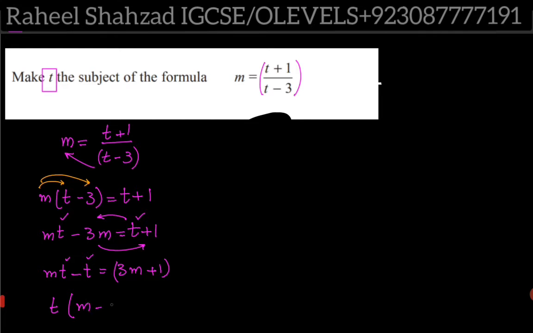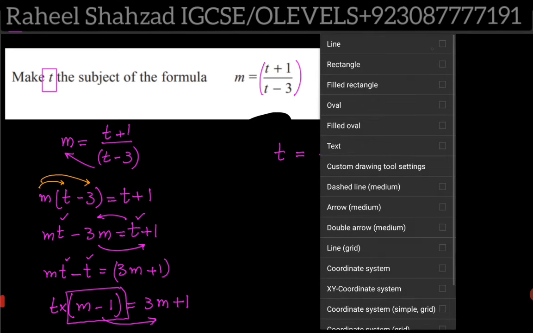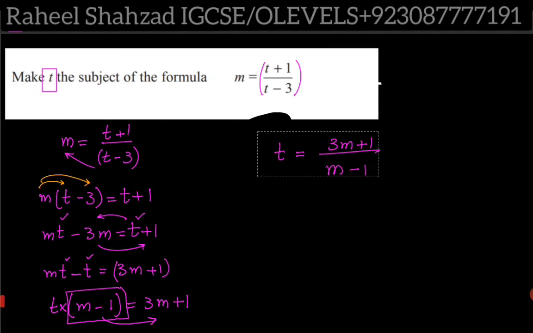So it's t(m minus 1) is equal to 3m plus 1, right? Now you can say this m minus 1 is being multiplied with t. When we take it to the other side it will be divided with the other expression. So t is equal to 3m plus 1 divided by m minus 1, and we say that we have made t the subject of this formula, okay.